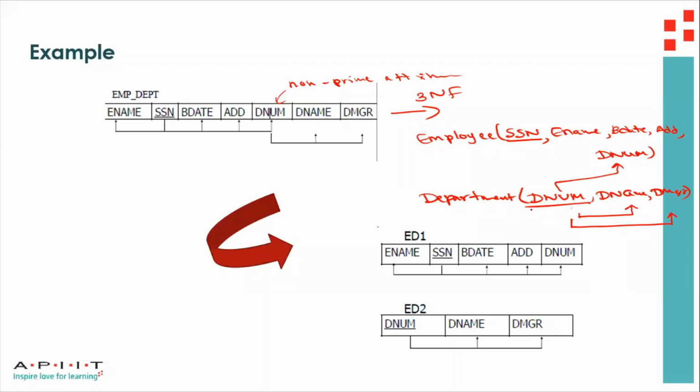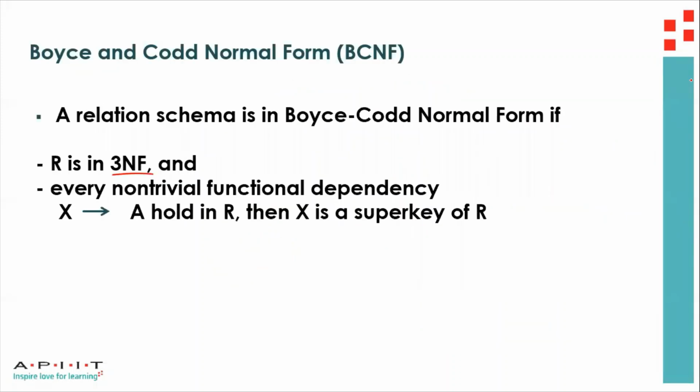Yeah, it's understood, right? So look at this one. E name is depending on SSN, social security number. So this E name is depending on the super key of the employee relation. That is what Boyce-Codd says. It's not in your syllabus, I just teach you because when you are learning computer science, you will meet this.